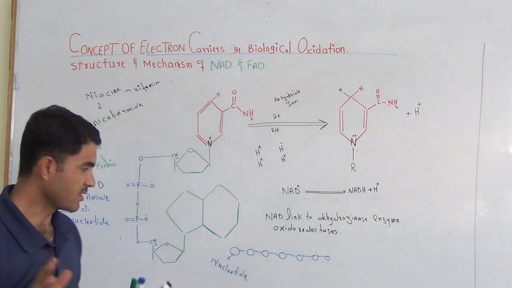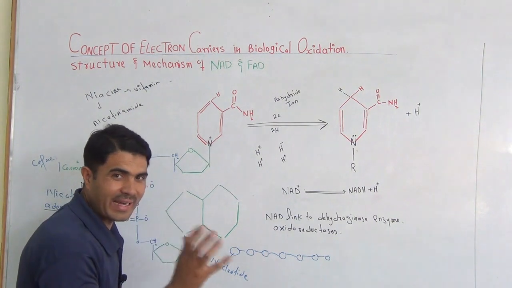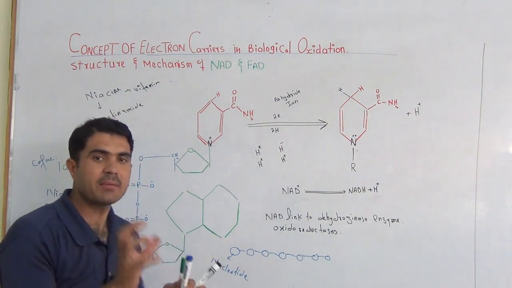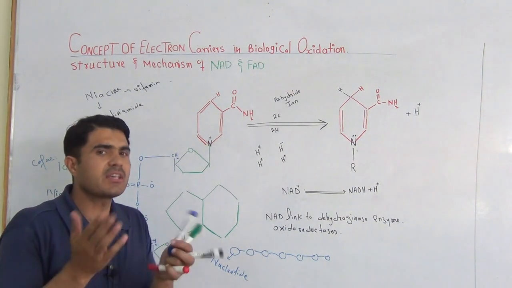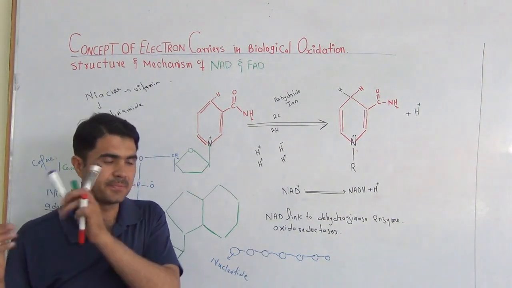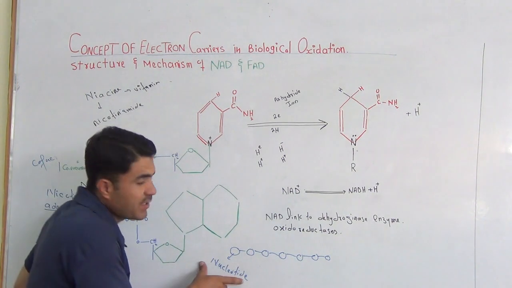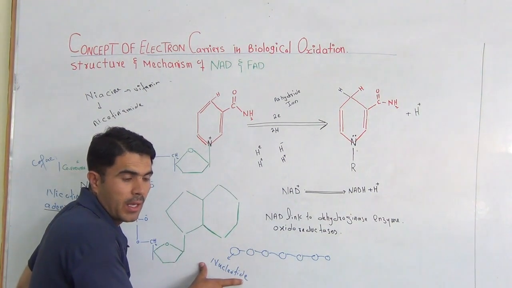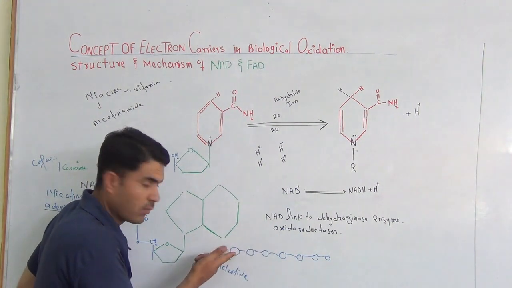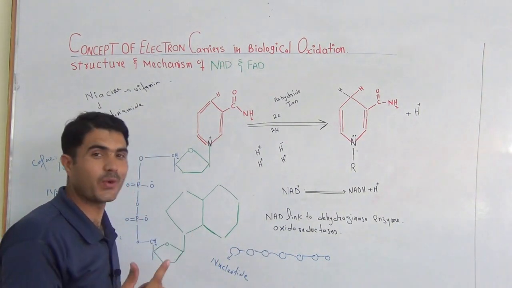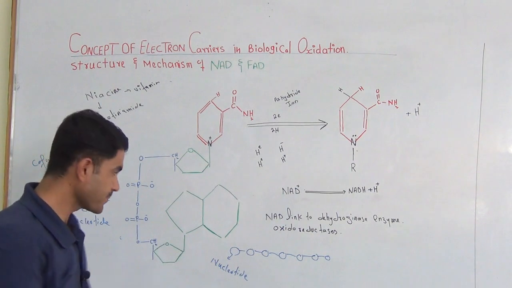So forget about these things for today. Nucleotide is the building block of nucleic acid, right? And nucleic acid is of two types, DNA and RNA. So these nucleotides make up the DNA. So here we have a nucleotide as well.